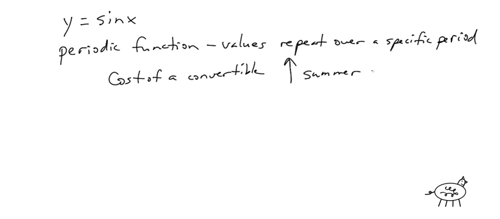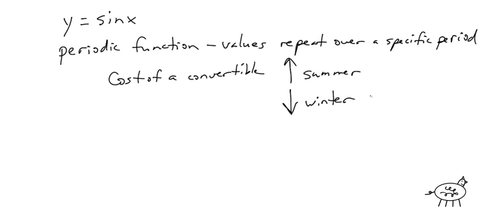So the cost is going to be high, and the cost goes down in the winter, because they may have a couple convertibles in the lot, but who's going to want a convertible when it's 20 below out? So that's why you can get a good deal. It's a little bit cheaper. The reason it's periodic is because it goes up in the summer, down in the winter, and the summer and the winter come and go. So that's why it's periodic.